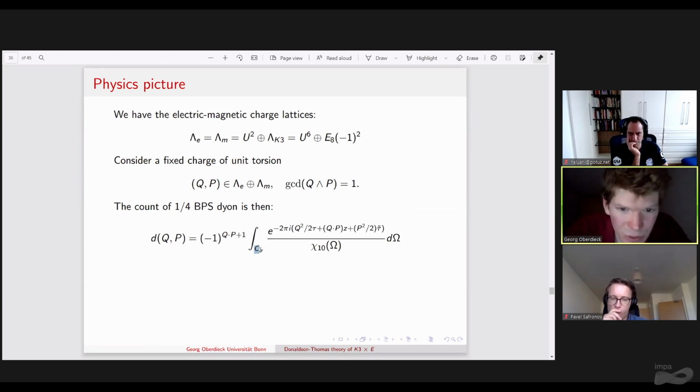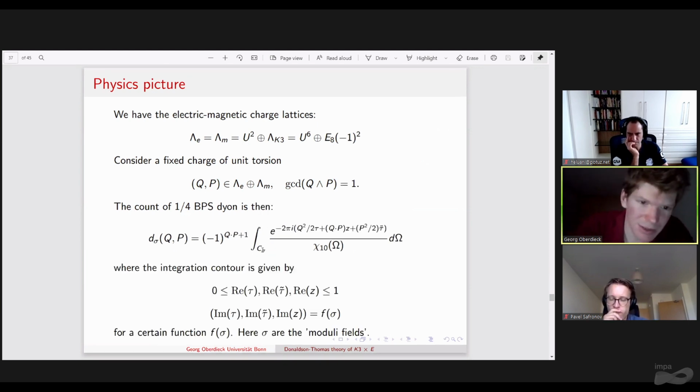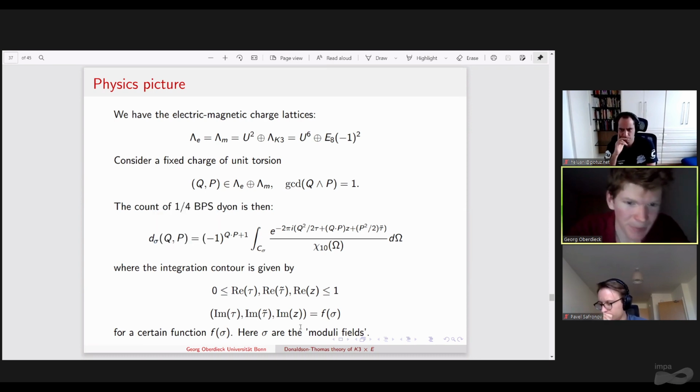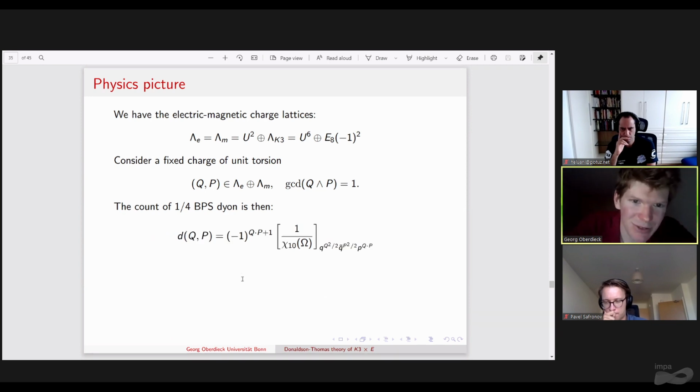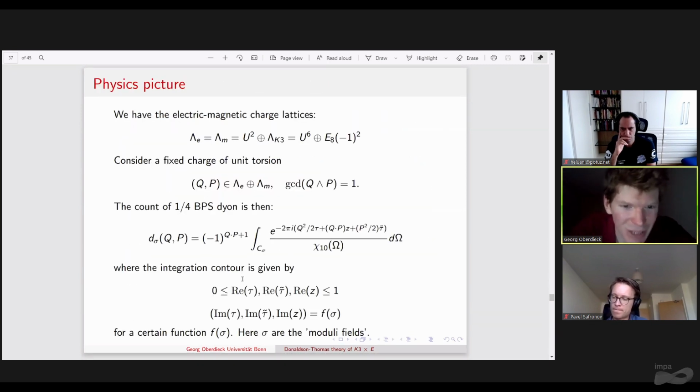And here the contour really depends on something, and there's the prediction that the left-hand side, this degeneracy, also depends on a certain sigma. This is the modular field, and then various authors, Cheng and Verlinde, and I think also this paper by Sen, give you a precise function to identify which contour you have to pick.